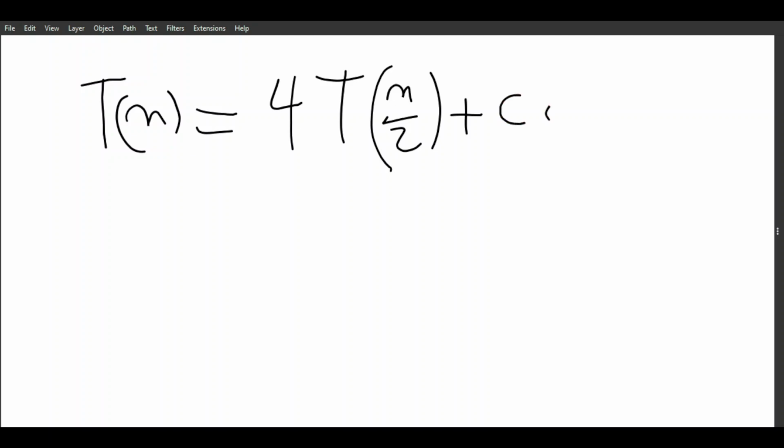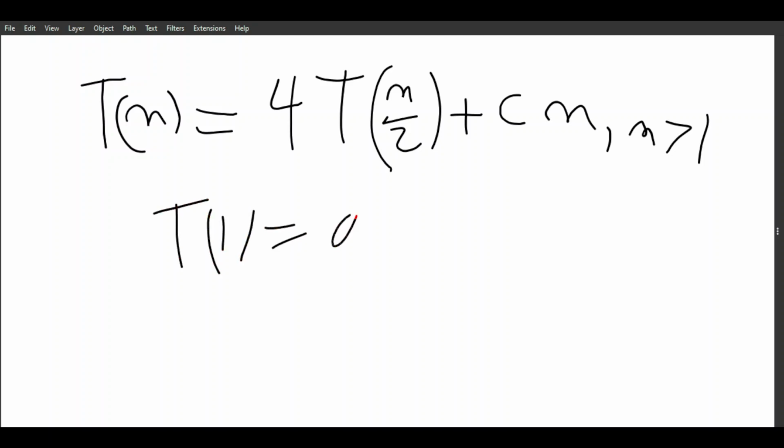So just write Cn. So this is when the problem can be divided. So you can write this recurrence as, this is when n is greater than 1, and for 1 you can take T1 just as d.